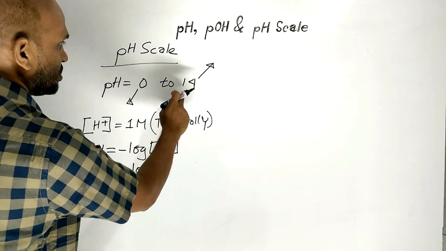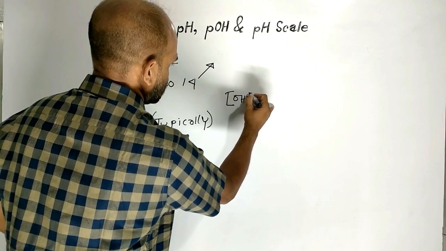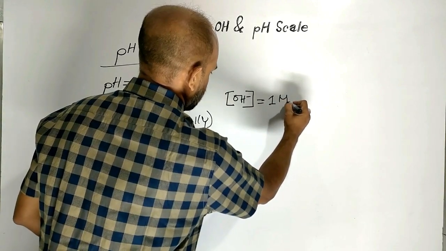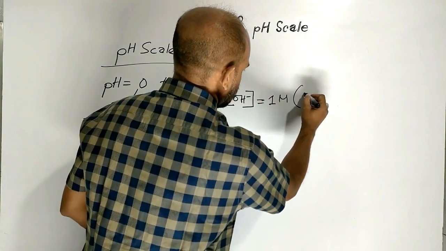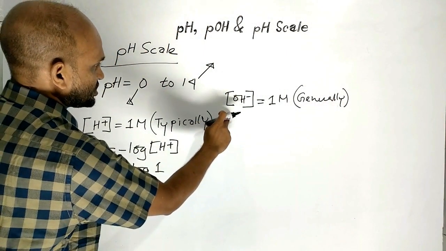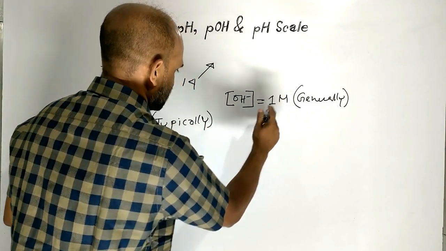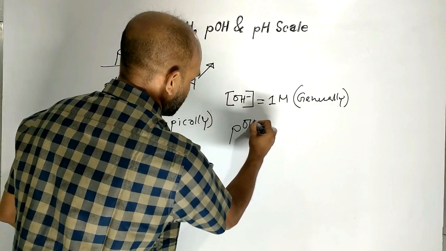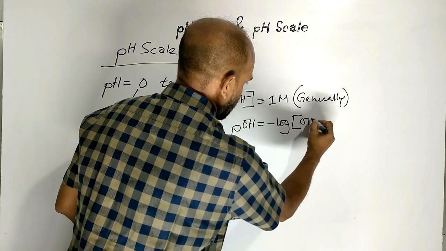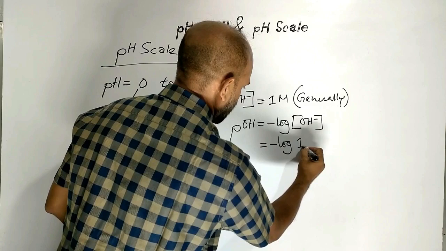Now let us see when it will be 14. When concentration of hydroxide ion will be 1 molar. In laboratory, generally concentration of hydroxide ion will be maximum 1 molar. Now, what is pOH? Minus log of hydroxide ion concentration, minus log 1.